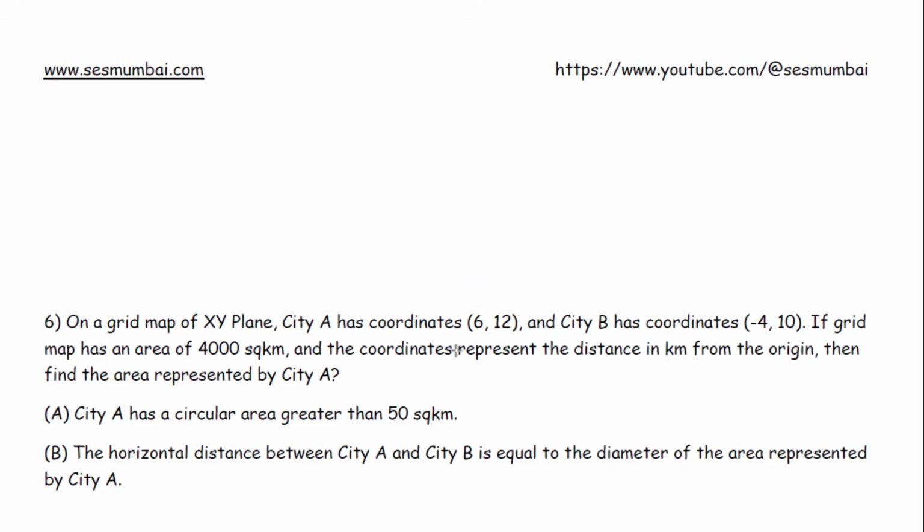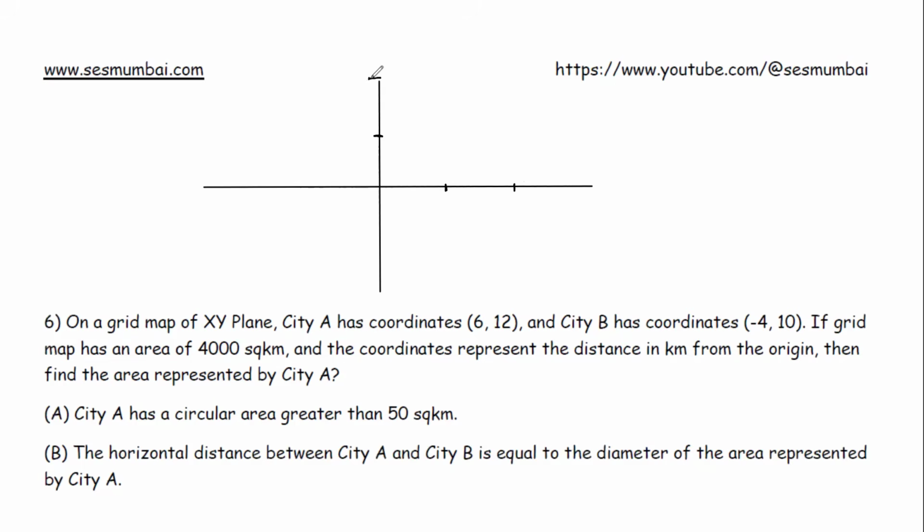On a grid map of the XY plane, city A has coordinates 6, 12, city B has coordinates minus 4, 10. So we'll draw a grid. That's an XY plane, grid map, whatever you want to call it.